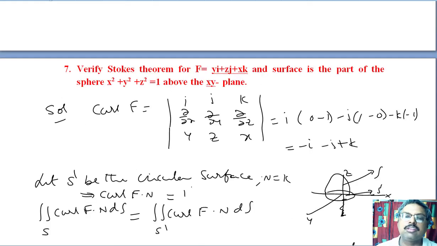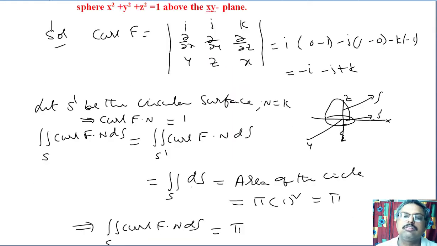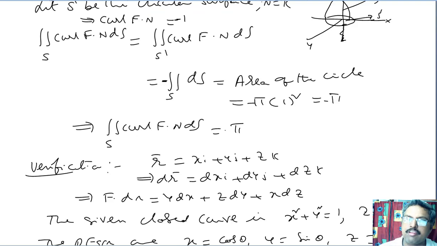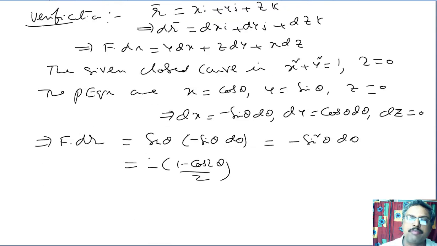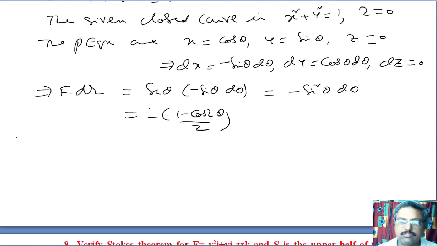Is it correct? Just let me check it. Okay, small mistake here. This is plus. That's why this is a negative sign. This is minus 1, this is minus. Answer is minus.